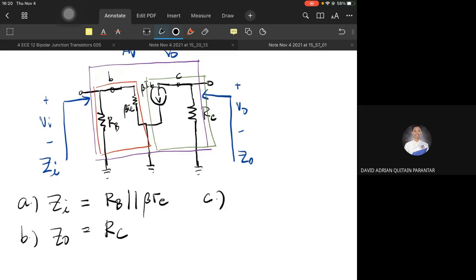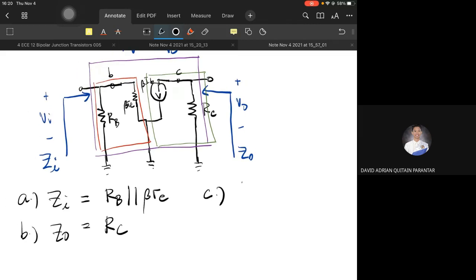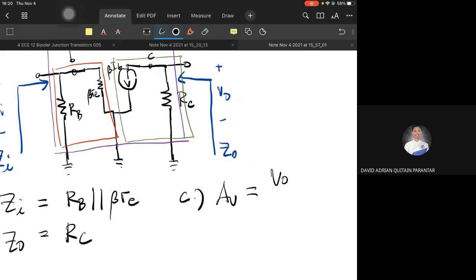So, how about now, voltage gain. Voltage gain AV is VO over VI.